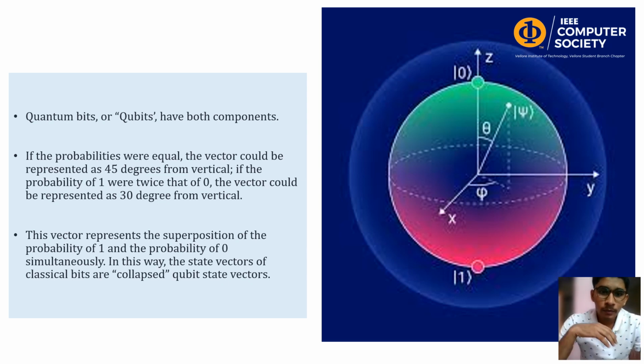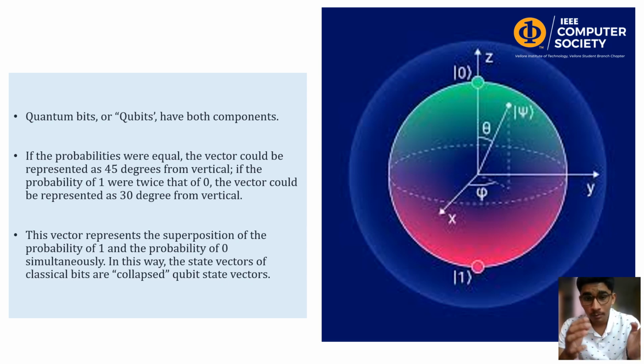There are probabilities. If we say that the probabilities were equal, the vector could be represented as 45 degrees, because either it can be 0 or 1. If the probability of 1 were twice that of 0, the vector could be represented as 30 degrees from the vertical.